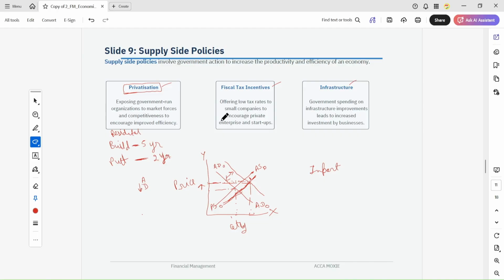So that's why the efficiency of private companies increases.